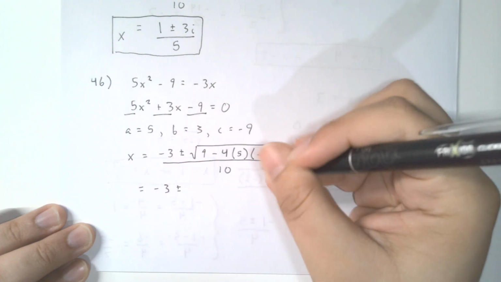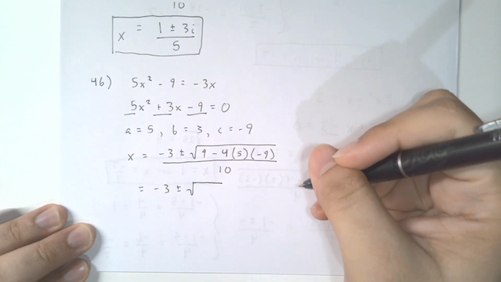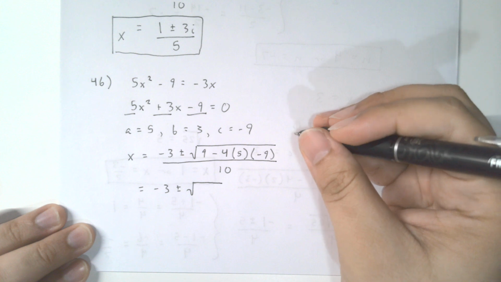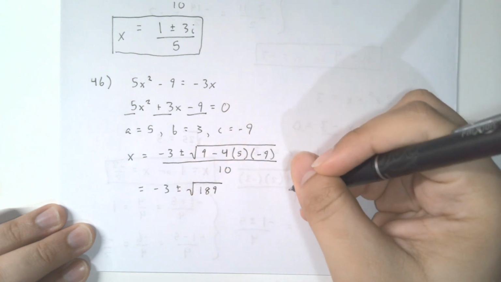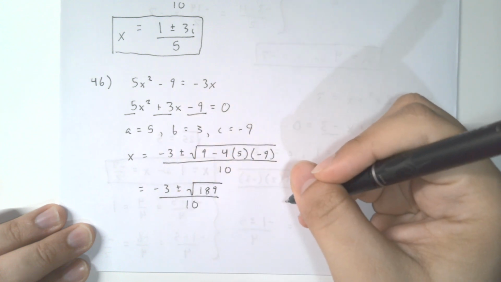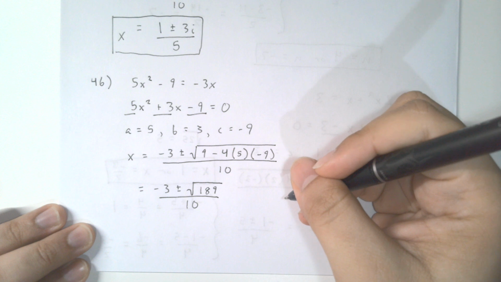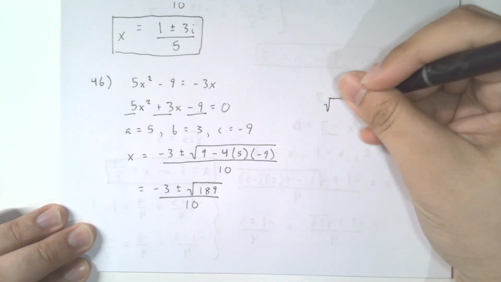We have our negative 3 plus or minus, and we want to figure out what our discriminant's going to be. We plug all that into our calculator, and we have the square root of 189, all over 10. So let's see if we can break down the square root of 189.